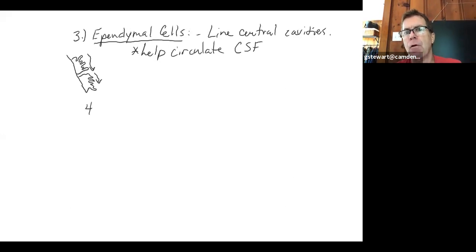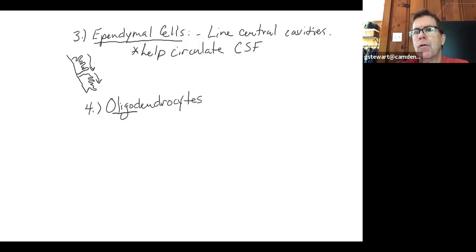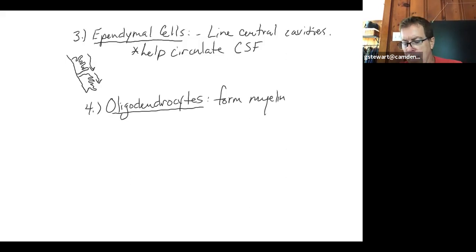And finally, number 4 in the central nervous system are oligodendrocytes. You've heard all of this before at some point. Most of this won't be foreign to you, but if you haven't heard this language before, these actually produce, they're responsible for producing, sorry about that spelling, they form the myelin around neurons in the central nervous system.